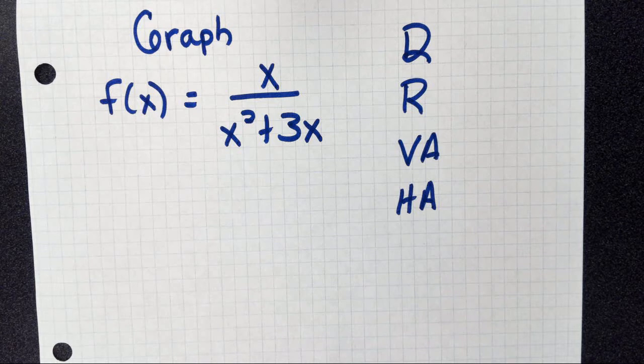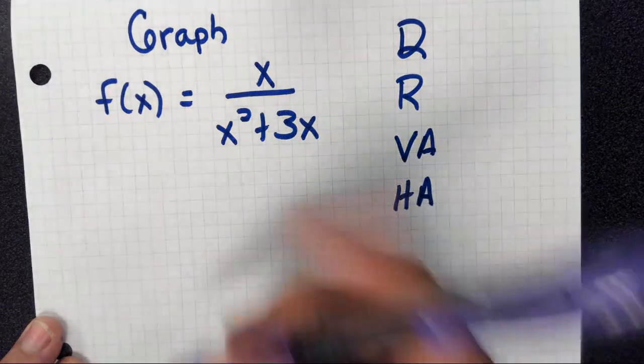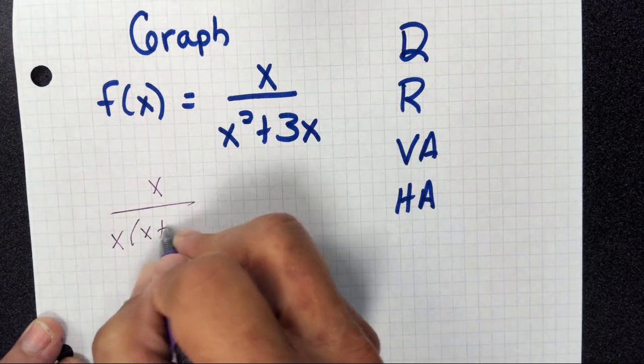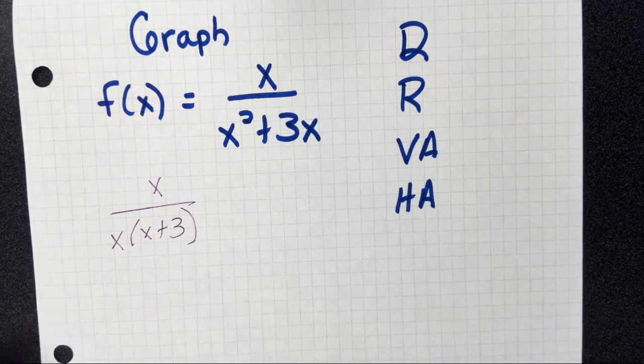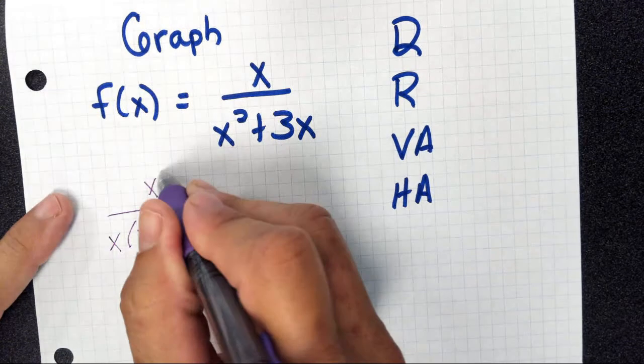So, to determine the vertical asymptotes, we have to make the bottom 0. To make the bottom 0, we need to factor. So you would rewrite this as x, and then x parentheses x plus 3. Which then creates a common factor on the top and the bottom.